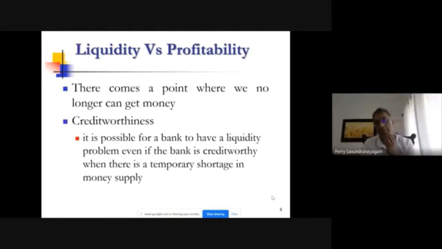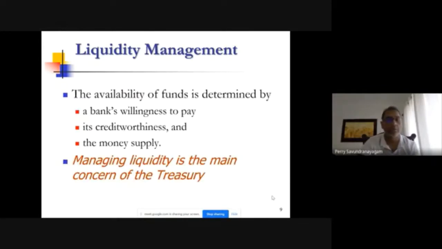So obviously liquidity is more important than profitability, which we've sort of established, but raising liquidity can impact profitability depending on what cost we have to bear to get it.